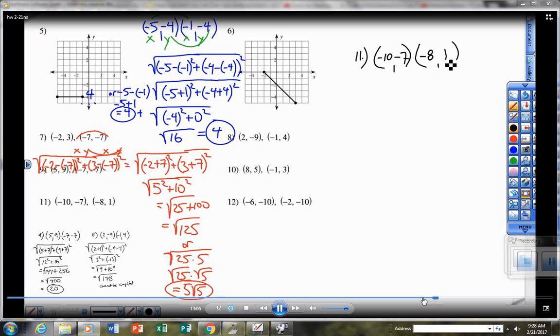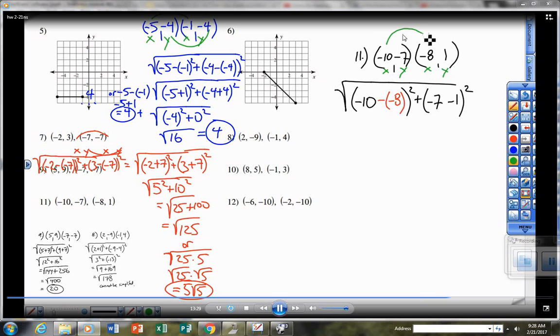So negative 10 subtracting a negative 8 is negative 10 plus 8. Negative 7 minus 1, no double negative there because I'm not subtracting a negative value. I'm going to show you how I knew which numbers to subtract for X and which numbers for Y.